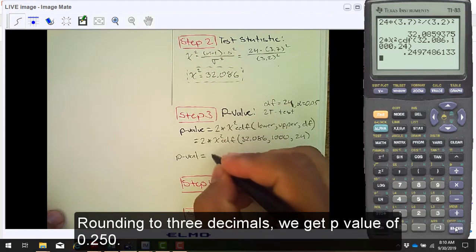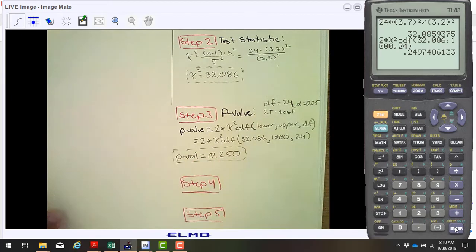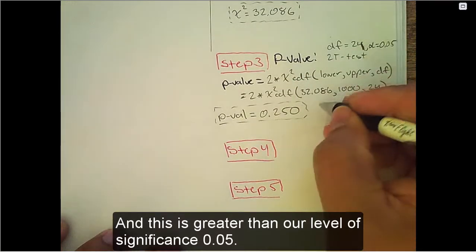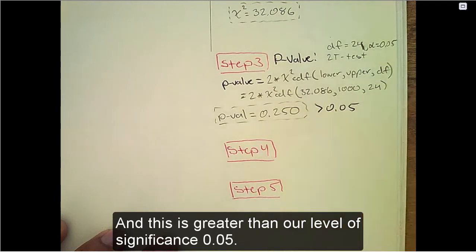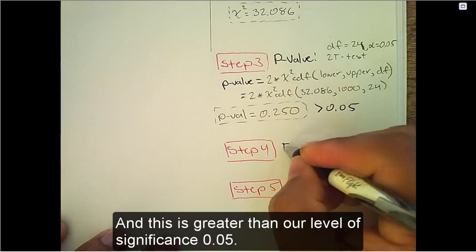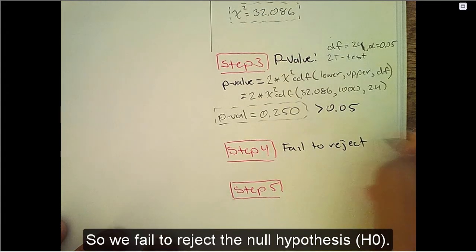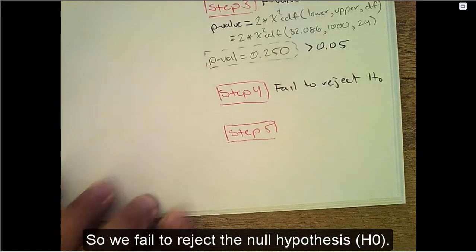Rounding to 3 decimals, we get p-value of 0.250. And this is greater than our level of significance, 0.05. So we fail to reject the null hypothesis, H0.